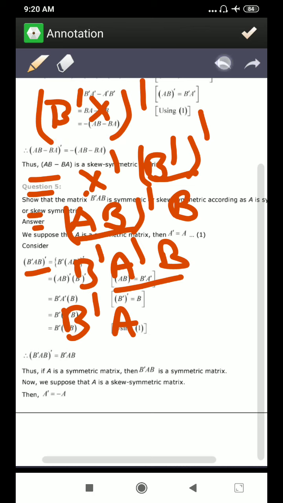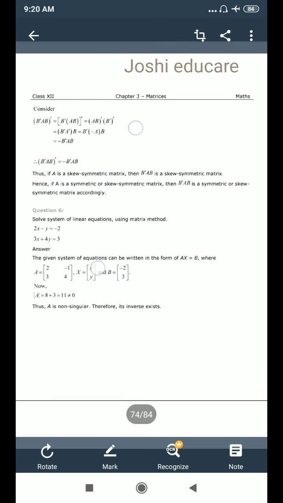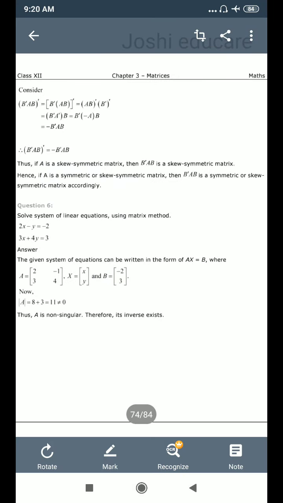In the second part, what do you have to do? When it is given skew symmetric, nothing is new in this question. You simply replace A transpose by negative of A. When A is skew symmetric, it means A transpose is negative of A. We have done the same thing.